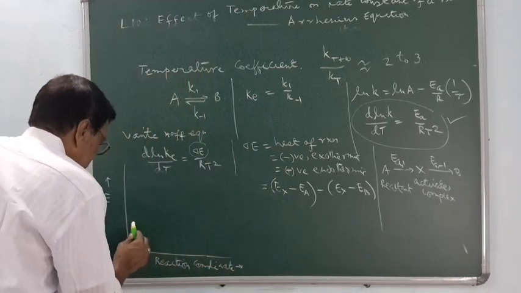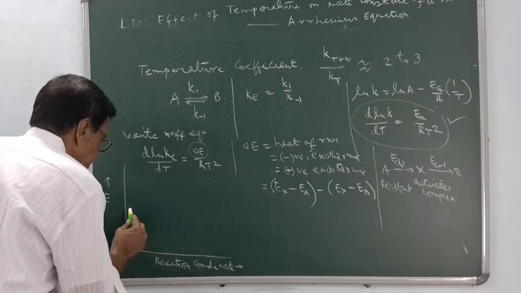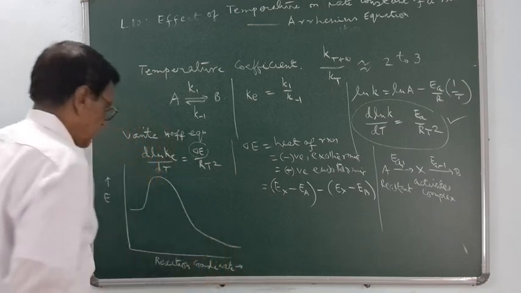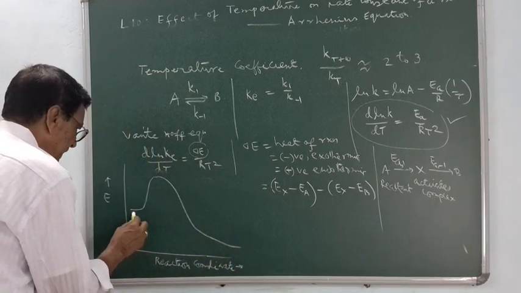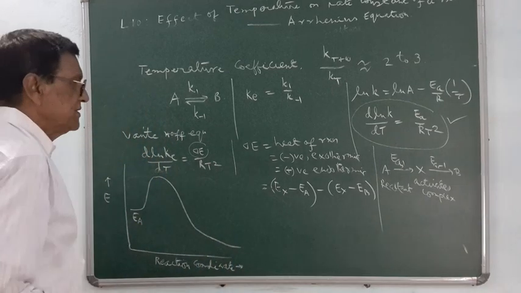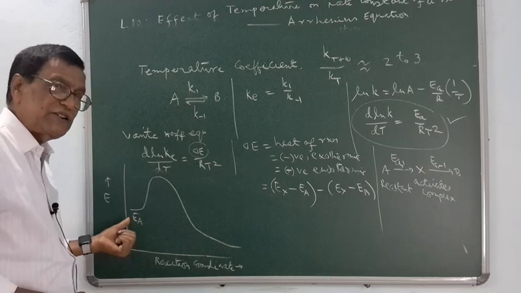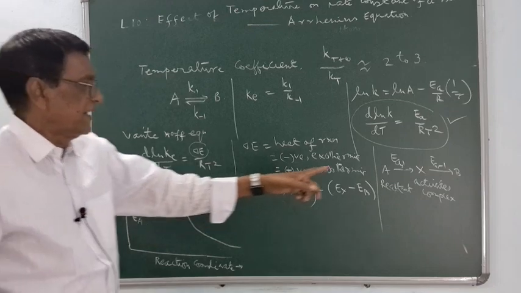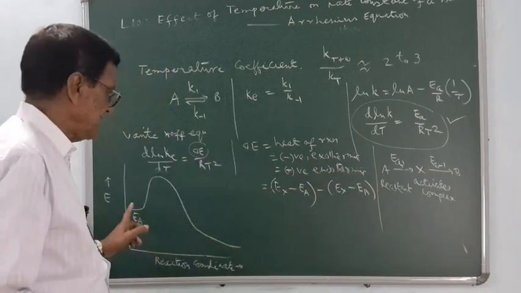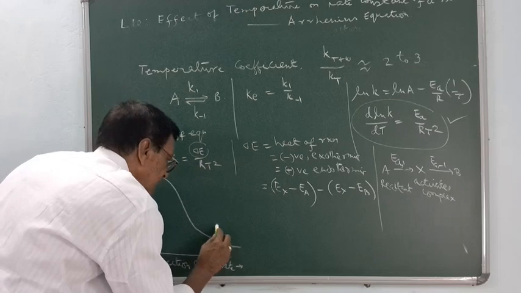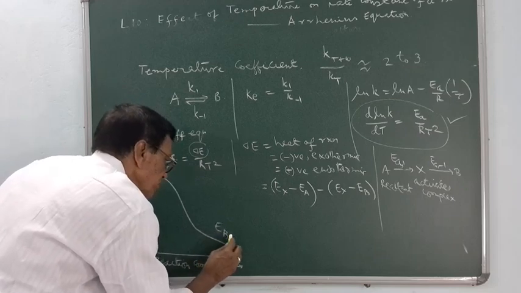Suppose here it is EA, activation energy. Here EA means energy of the reactant. It is the energy of the product.